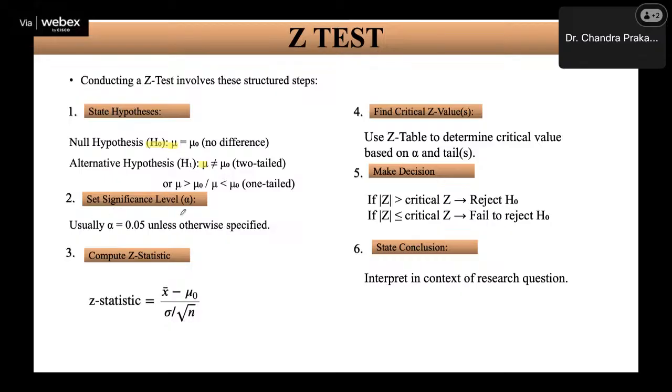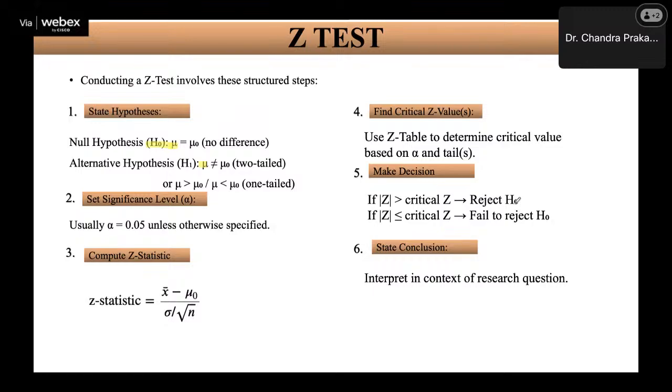Then we go with the significance level. Then we compute the Z statistic. Then we find the critical Z value using the Z table based on the alpha and the tail values. Then we make a decision: if Z is greater than or equal to critical Z, then we reject H naught. If it is less than or equal to critical Z, then we fail to reject H naught.